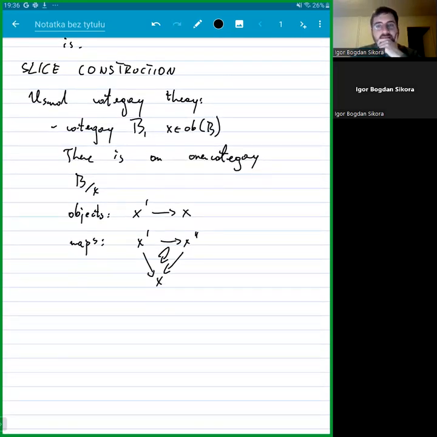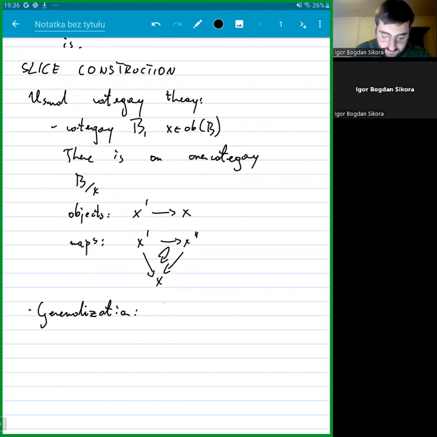An over category is a particular instance of a more general construction, which is called the slice category. So, a generalization.